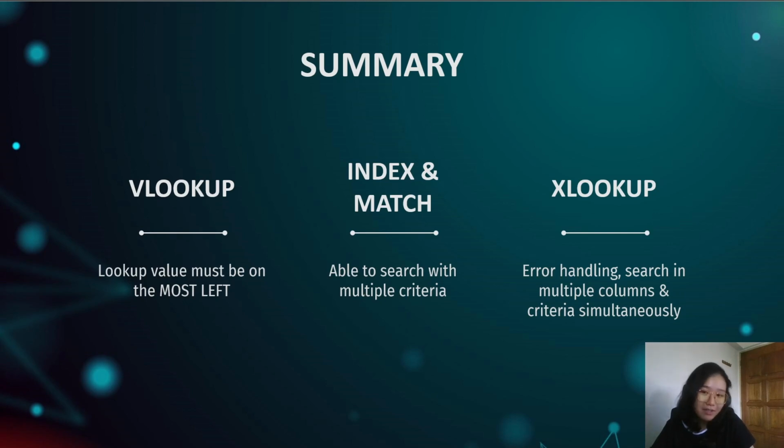It can do error handling, it can search multiple columns and criteria simultaneously, and it can also search using wildcards, which we have covered in the lookup videos in the link above. So I hope you guys understand better the differences between these three and use the formulas according to the situation that you encounter.